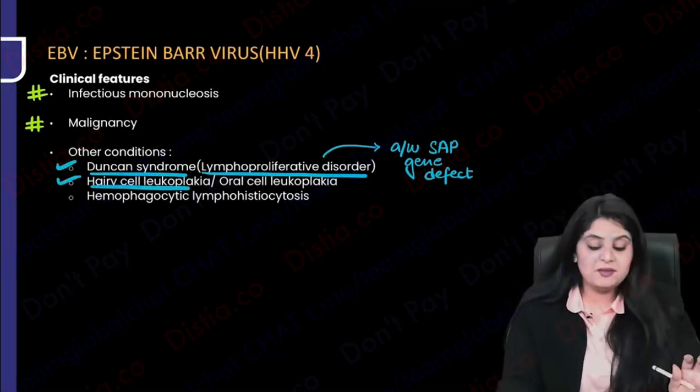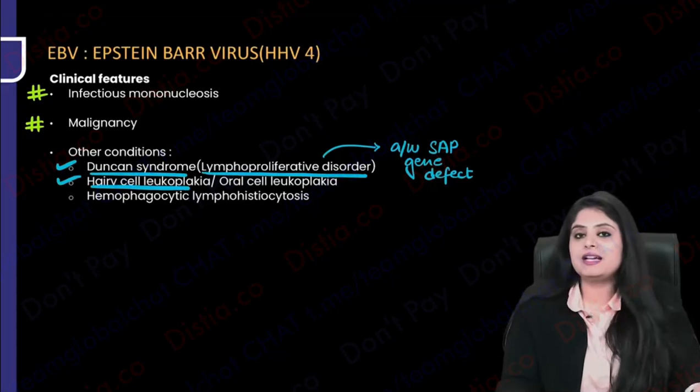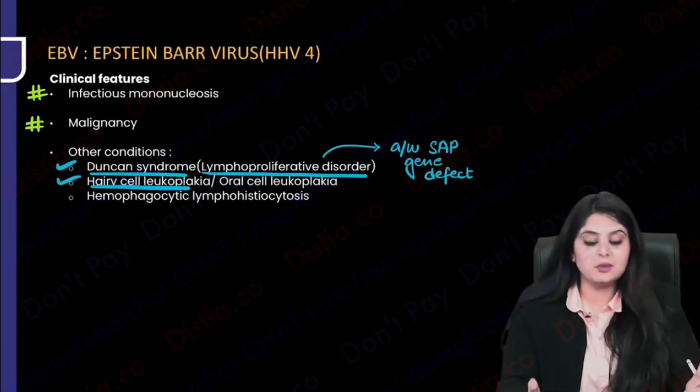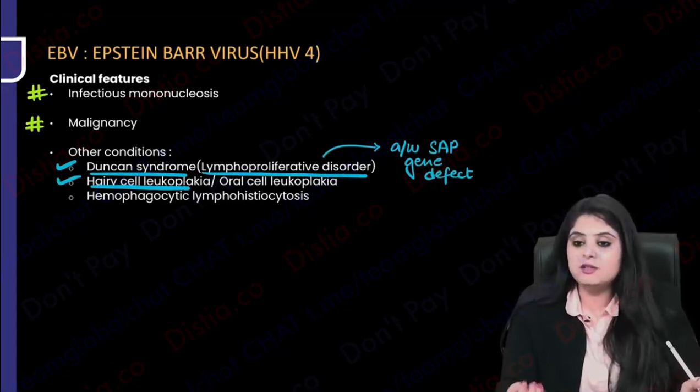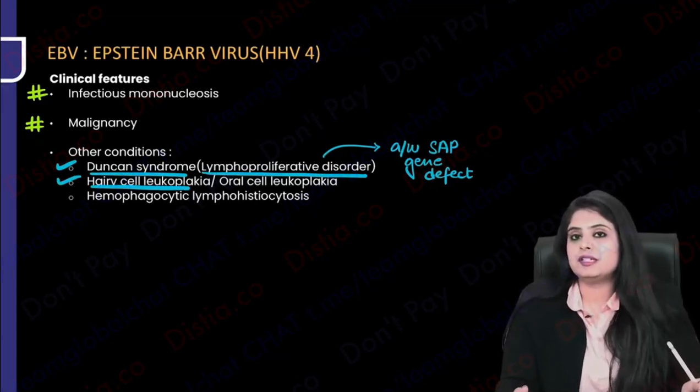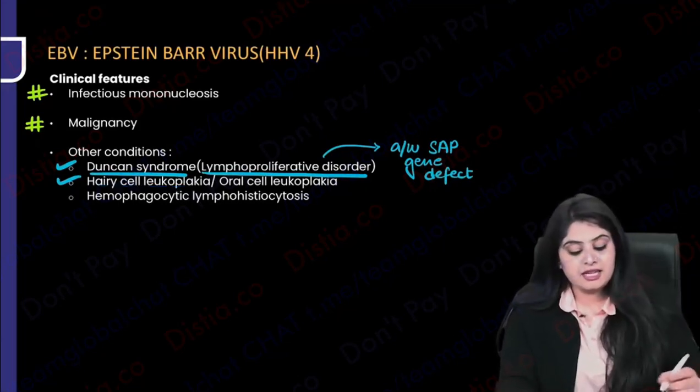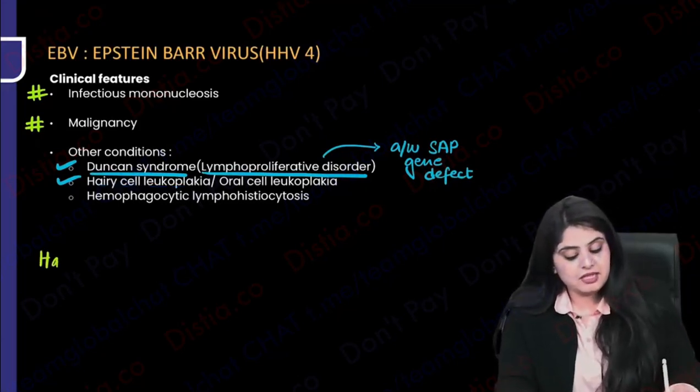See now, sometimes we make a mistake and it's in the good way. Like I will never want anyone to edit this out also. I ended up saying hairy cell leukemia. It's good I made that mistake. Because is it hairy cell leukemia? No, read the question carefully in the exam. Guys, where did you study hairy cell leukemia? In pathology, ma'am.